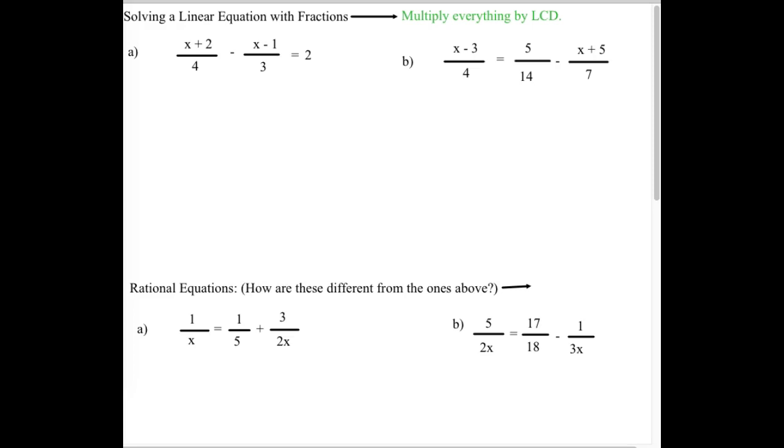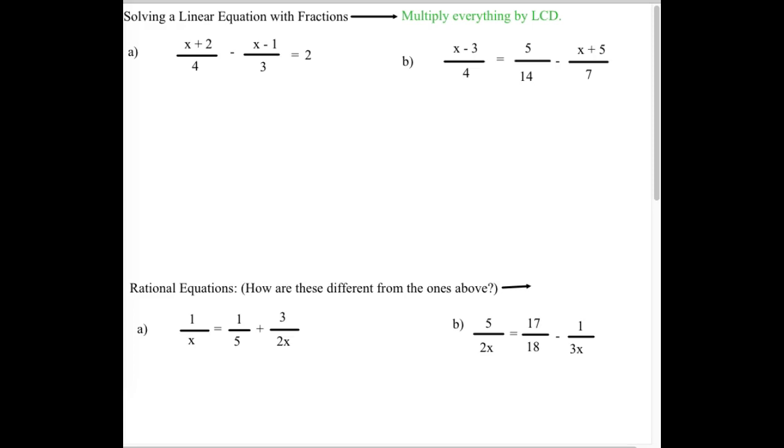But we don't want to deal with fractions if we don't have to. When we simplified a complex fraction in our last chapter, we eliminated all of those little denominator pieces by multiplying everything by an LCD, a common denominator. We can do that same thing here.